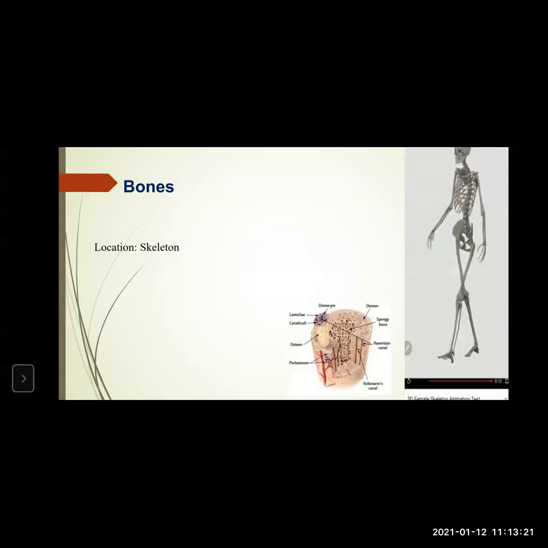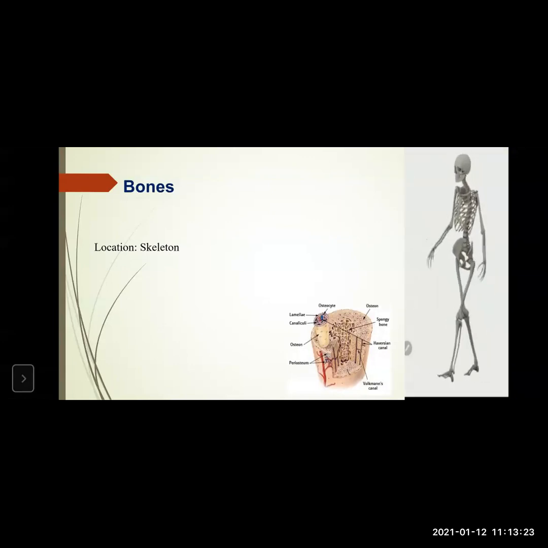This is how a section of bone looks. In this also you have specialized cells known as osteocytes, which are protected by a thin layer known as lamellae. One unit of the bone is known as an osteon.